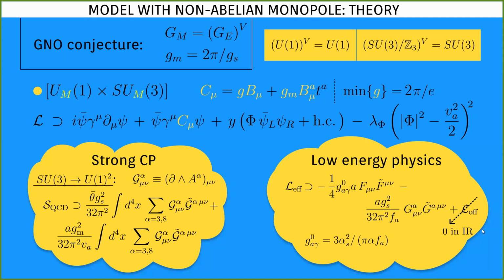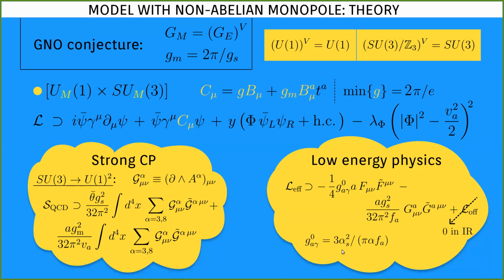These off-diagonal gluon interactions are expected to be suppressed in the infrared because of the abelian dominance in QCD, which is well known and shown both on the lattice and theoretically.